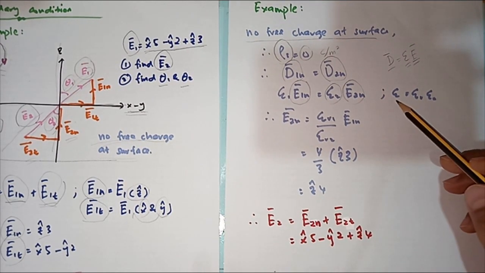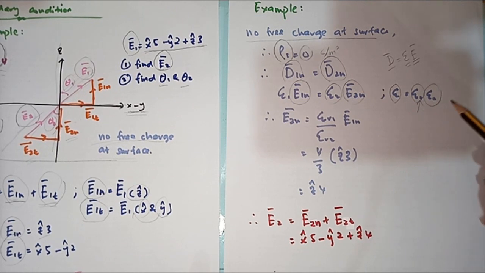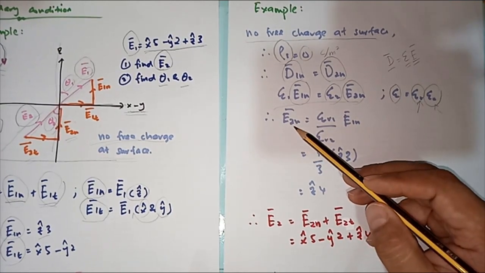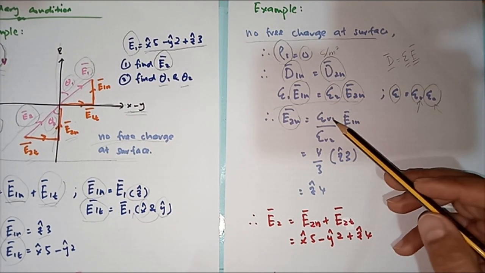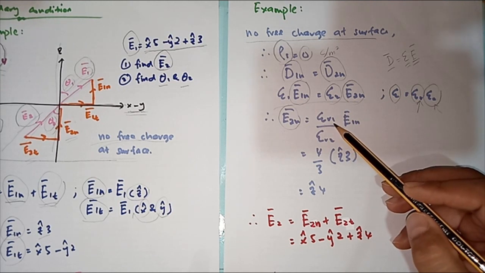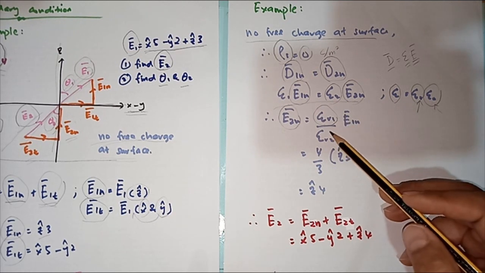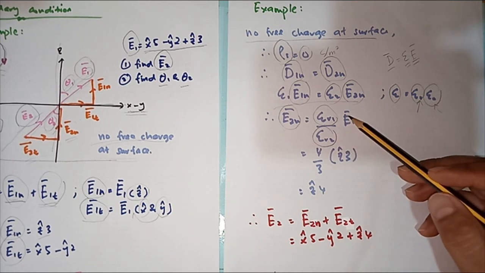Because epsilon is equal to epsilon r multiplied by epsilon naught, where this one is the relative permittivity and this one is the air permittivity, we can solve this and get the vector of E2n. The normal component for the E2 vector is equal to epsilon r1, the relative permittivity for medium 1, divided by epsilon r2, the relative permittivity for medium 2, multiplied by the vector of E1n.